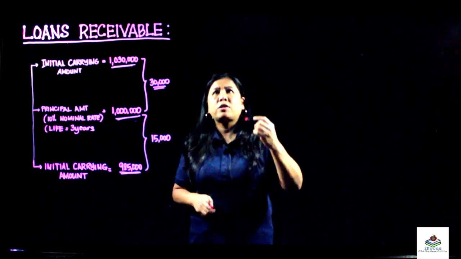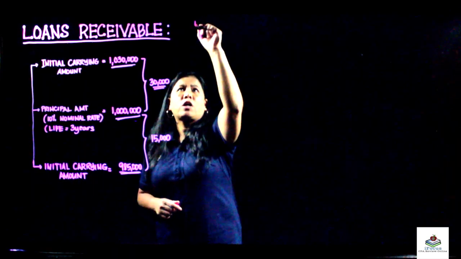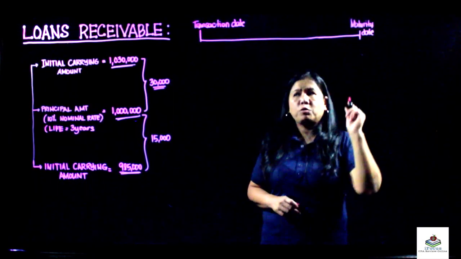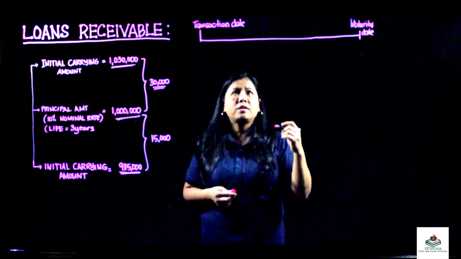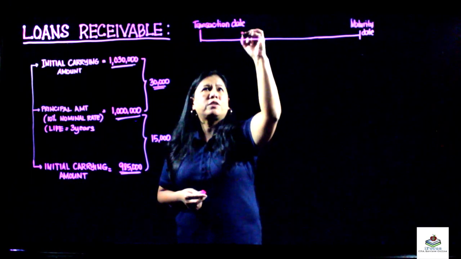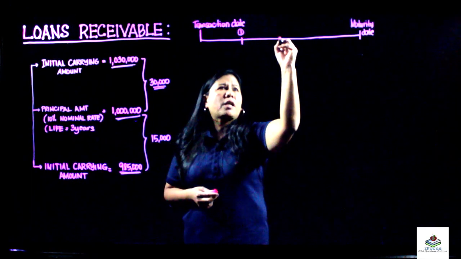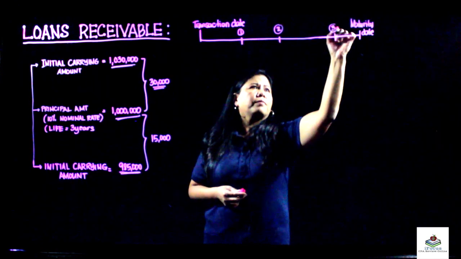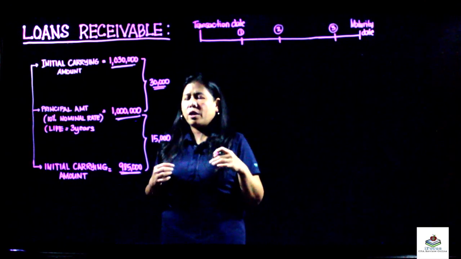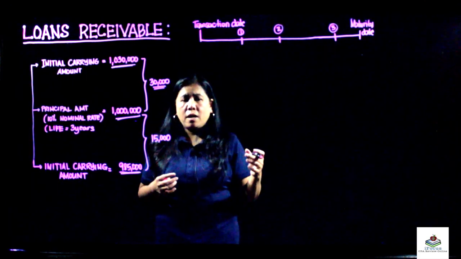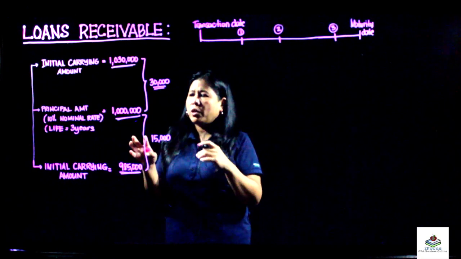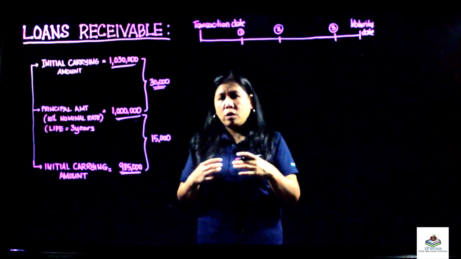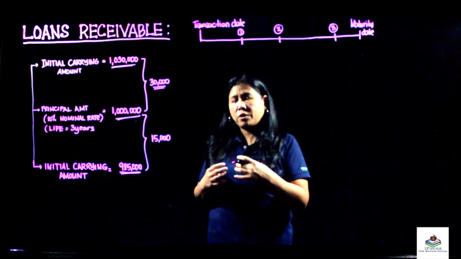Let me draw my timeline here. So we'll start with our transaction date up to our maturity date. All right, let's say we have our first year here, our second year, and our third year. So every year the borrower will pay the bank 100,000, which is computed as 1 million times the 10% annual nominal interest rate.